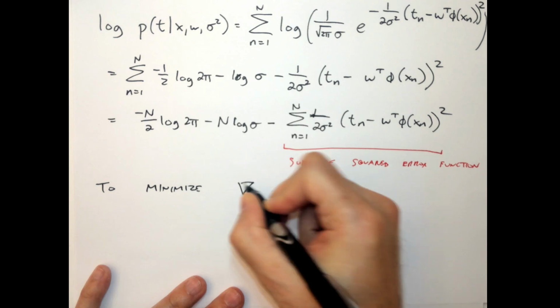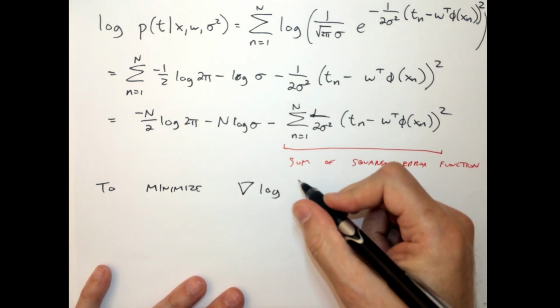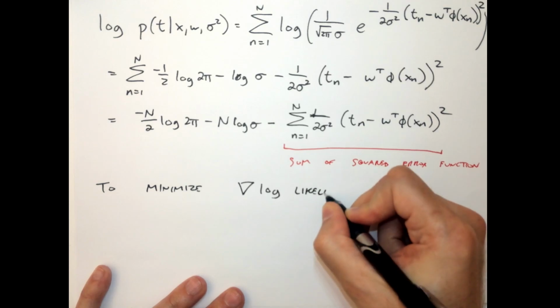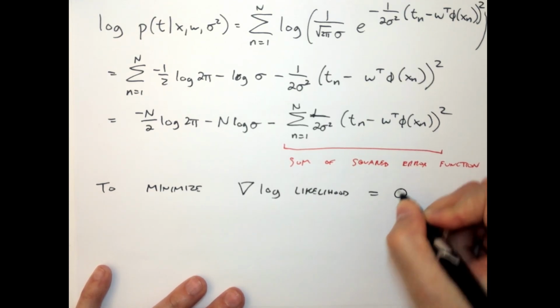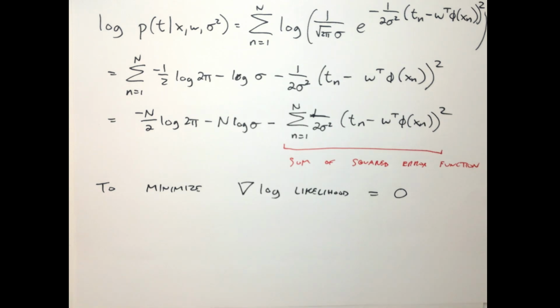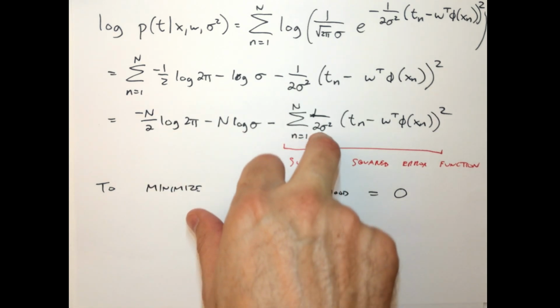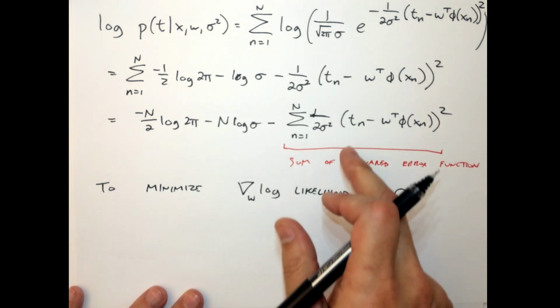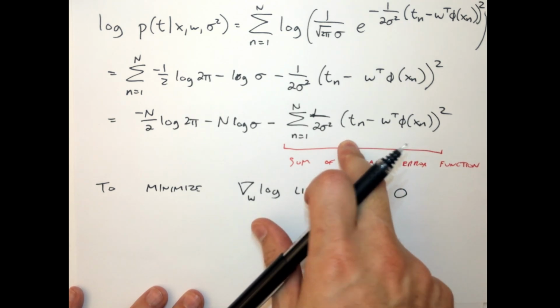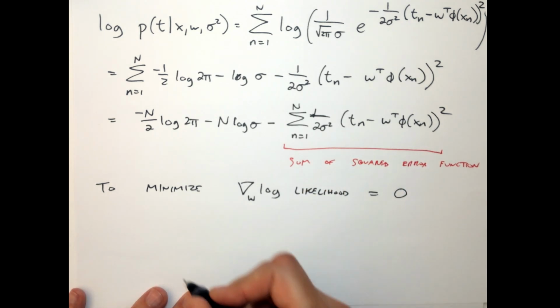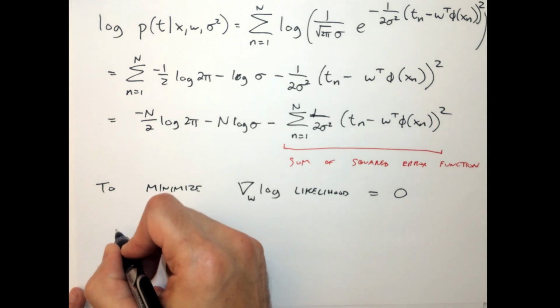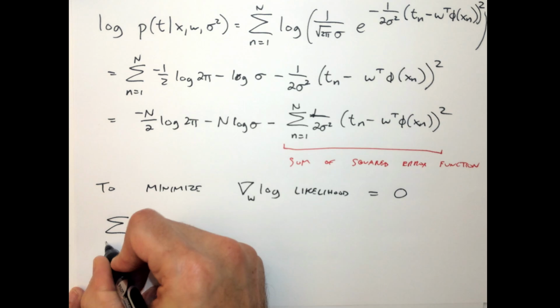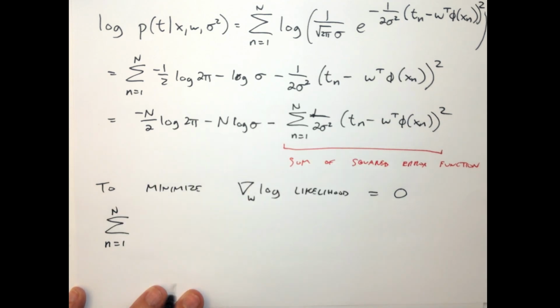we take the gradient of the log likelihood and set that equal to 0, with respect to w. The only things we care about are these numbers w, so this constant stuff doesn't matter, and this sigma squared in front doesn't matter. All we really care about is the gradient of this, right? Let's forget about the 2 sigma squared.